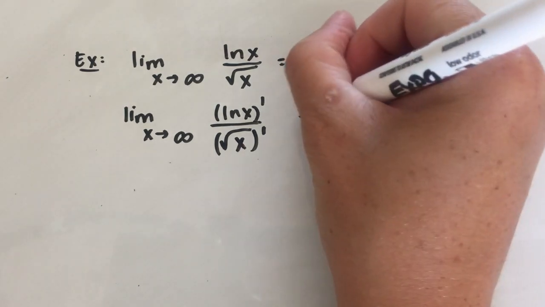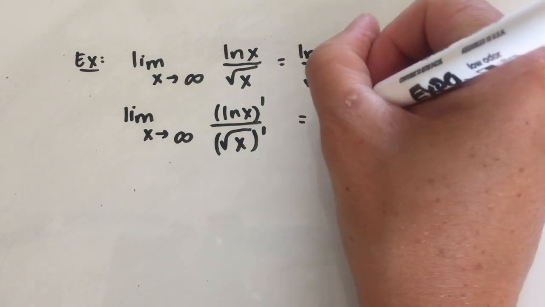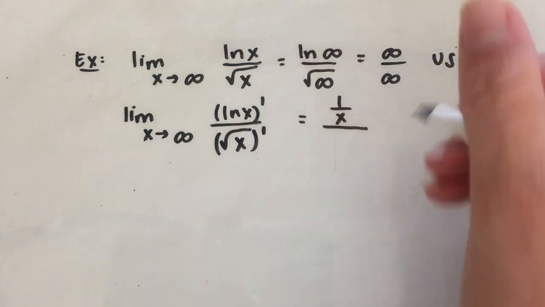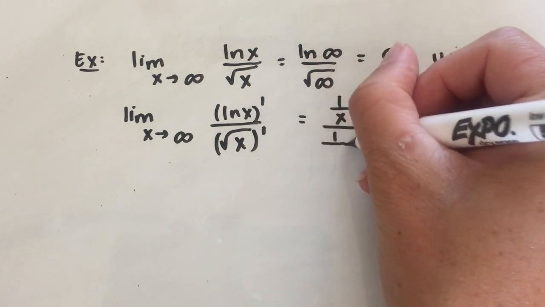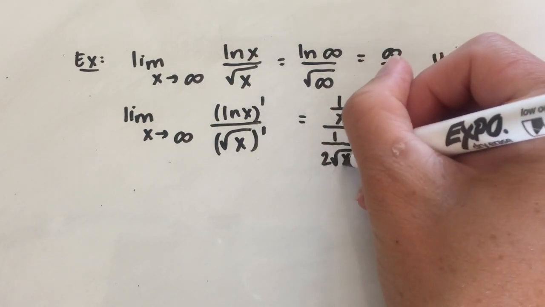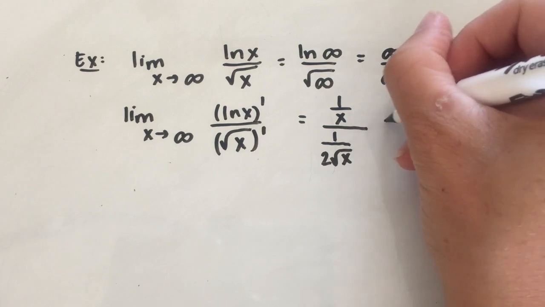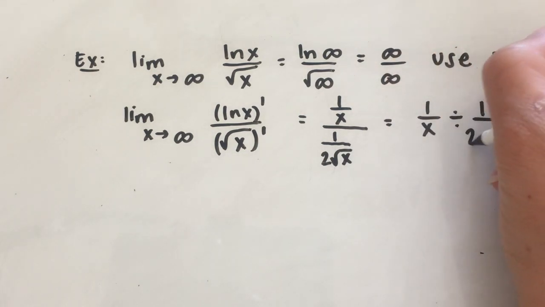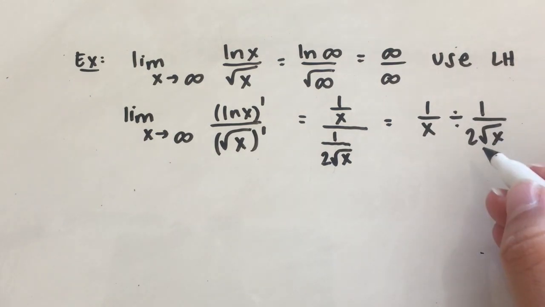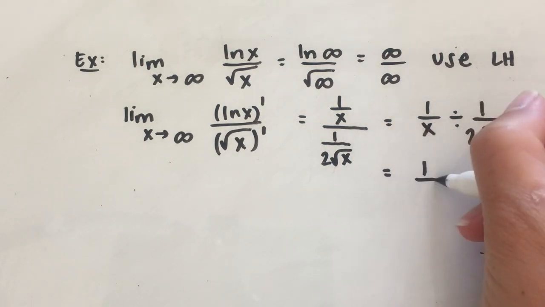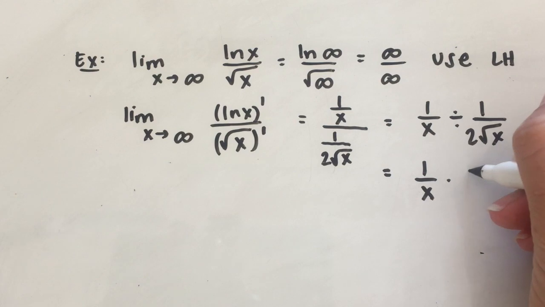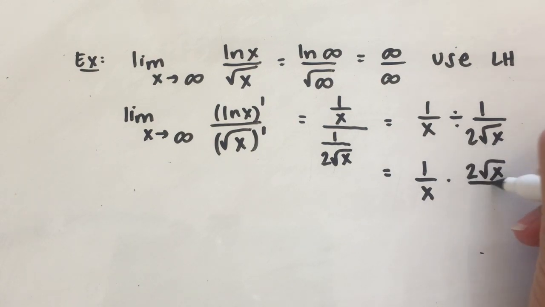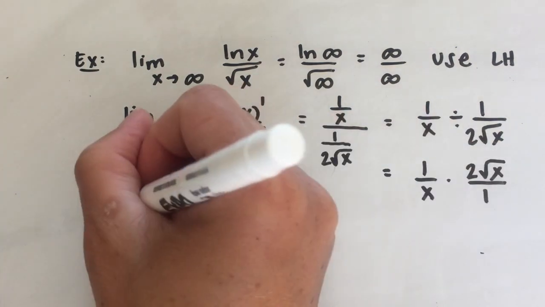So the derivative of ln x is 1 over x, and the derivative of the square root of x is 1 divided by 2 times the square root of x. So now I can rewrite this as 1 over x divided by 1 over 2 times the square root of x. And when dividing fractions, we flip the second number and multiply.